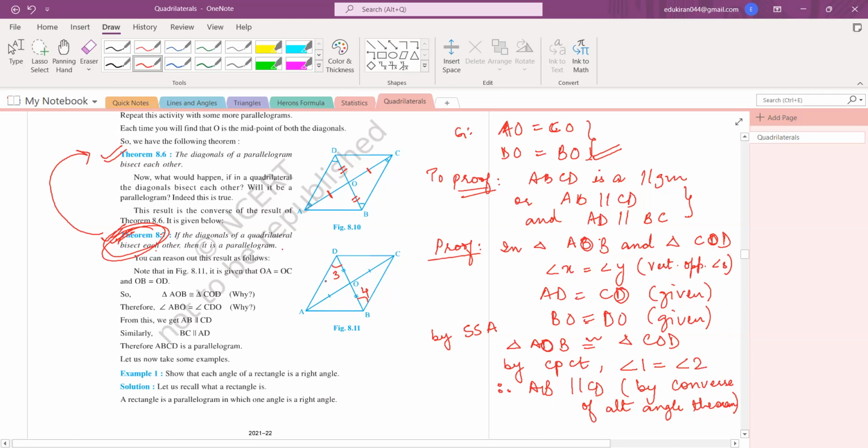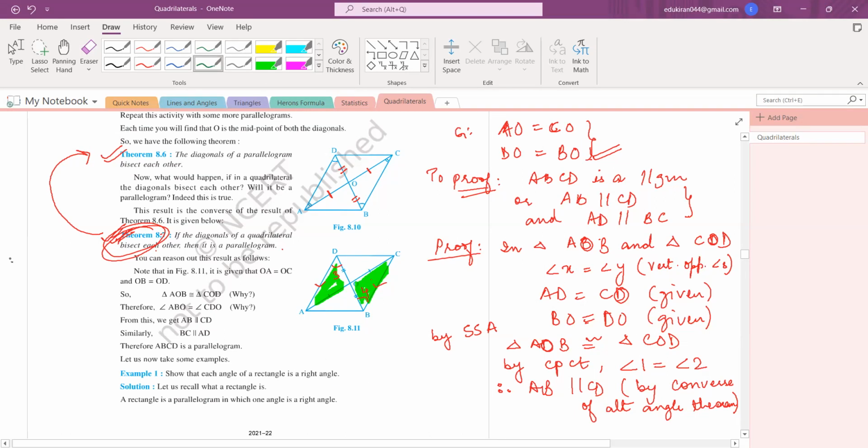So this time I have to show that this line is parallel to this line. So I'm going to take these two triangles this time, right? I'll take this one and this one because I have to include angle 3 and 4, isn't it? Yes, ma'am. Okay.